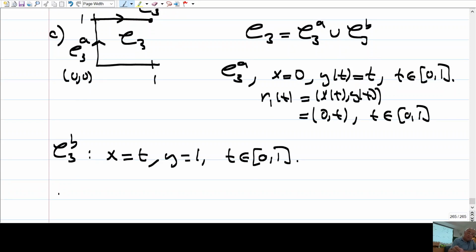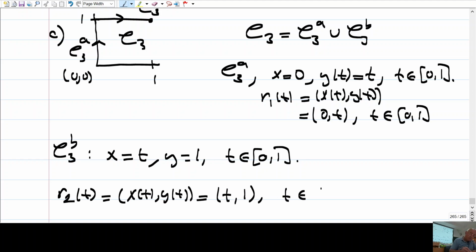So r2(t) has x coordinate t and y coordinate 1: x(t), y(t), so it is (t, 1), again t from 0 up to 1. So here I have r1(t) and here I have r2(t).